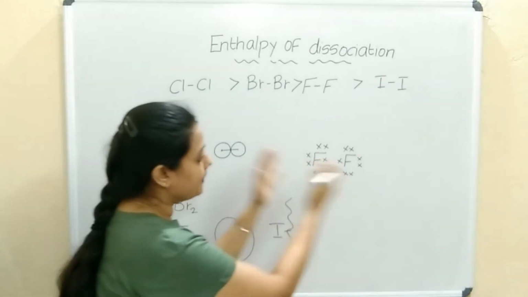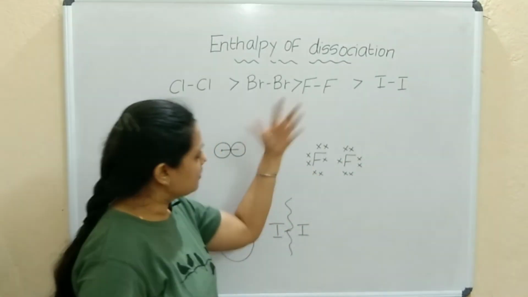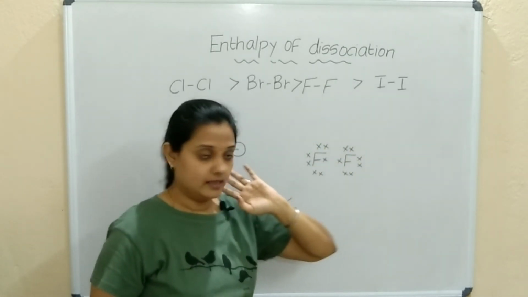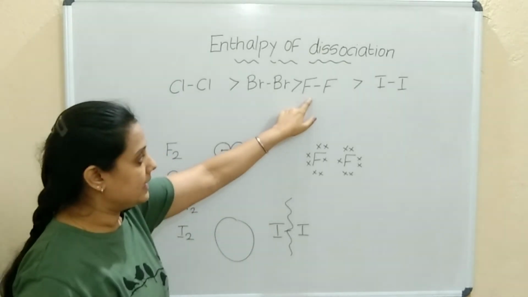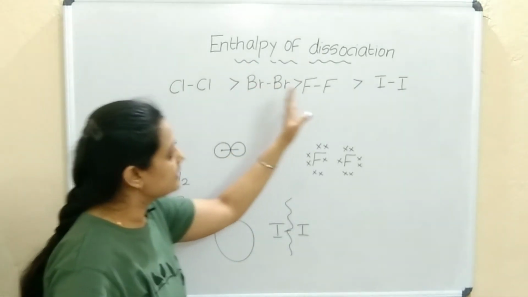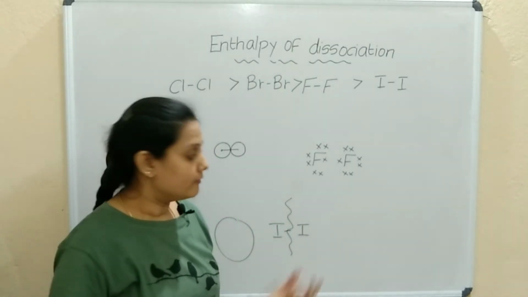If they are repelling, what happens? They get a size almost similar to Br, in between Br and I. So because of this, for fluorine, the enthalpy of dissociation is less than bromine, Br2. Why?